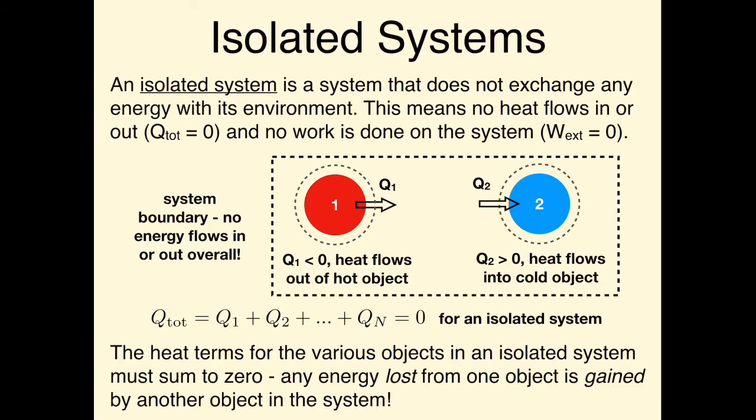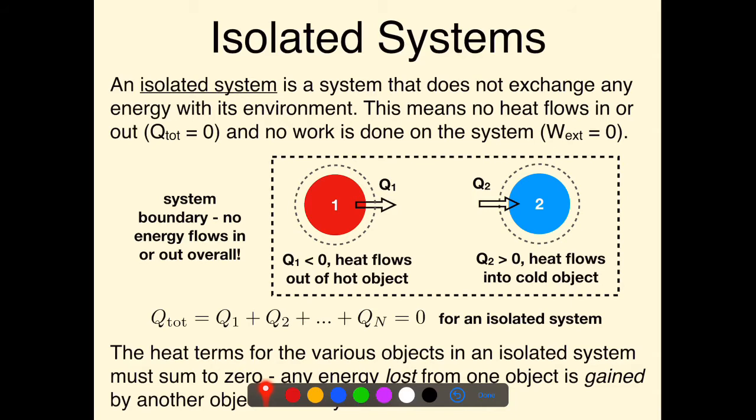So Q total is equal to 0. And also we don't have any work being done on the system, meaning W external is equal to 0. If you recall, heat and work are the two different ways that energy can flow between a system and its environment, and we're saying those are both 0. That's what it means to be isolated.